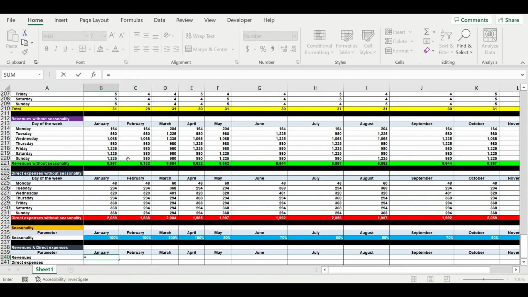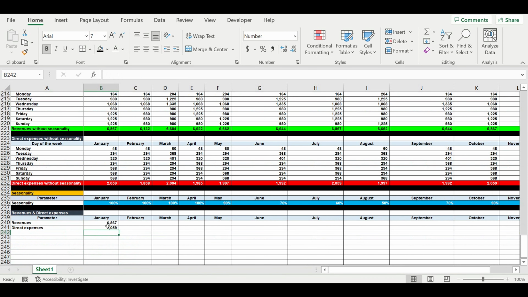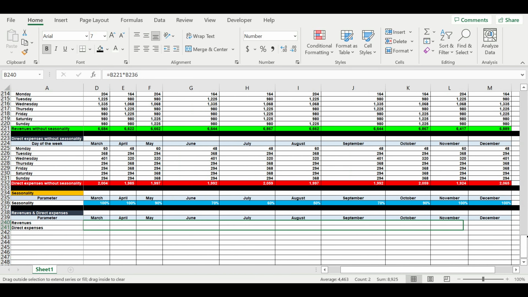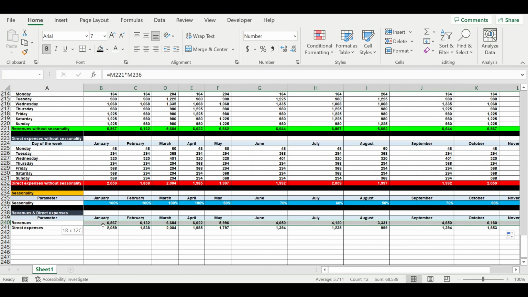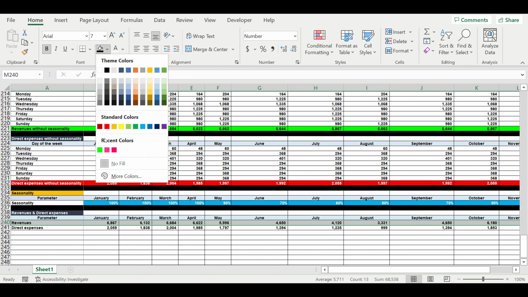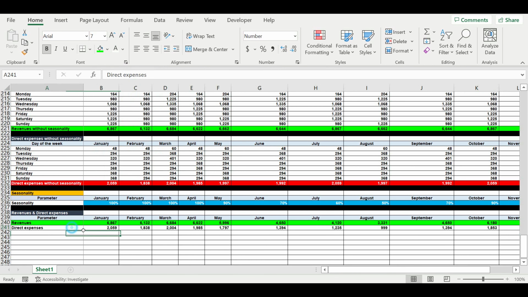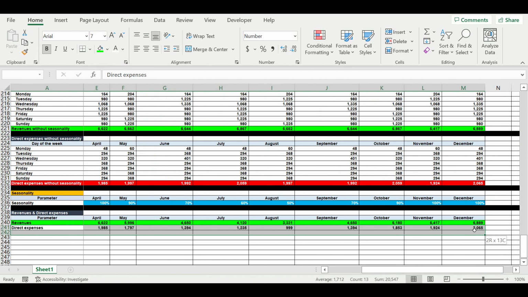What I will do is take these revenues and multiply them by this coefficient, and I will also multiply these direct expenses by the seasonality coefficient. Then I will extrapolate this to the right, and here we have a result. As a result, we have revenues and direct expenses with seasonality inside a typical year.